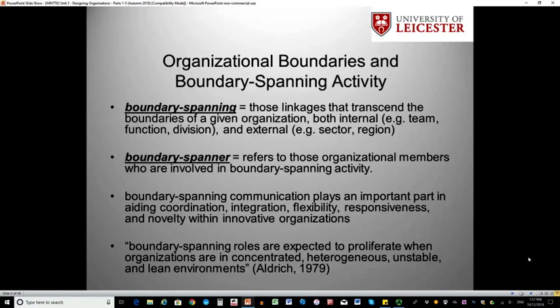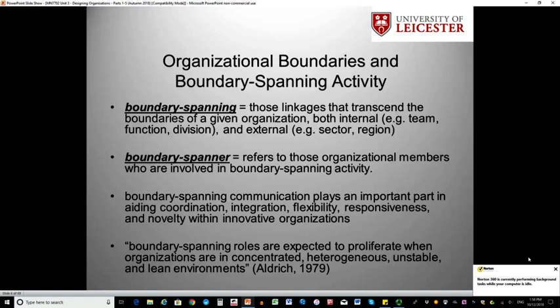And certainly you see that boundary spanning roles are more likely to proliferate, more likely to be commonplace, when organisations operate in very unstable, very dynamic, very heterogeneous environments where things are constantly changing. That's because if things are constantly changing in the environment, then organisations have to be flexible and responsive. And as I was saying a few minutes ago, boundary spanning is important for flexibility and responsiveness.